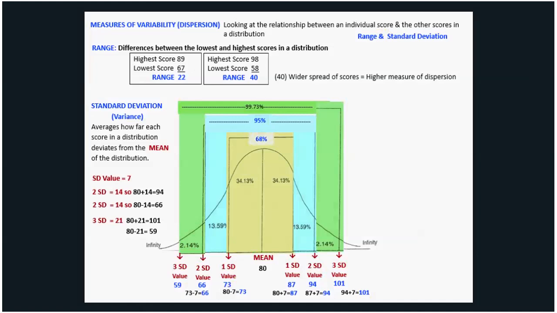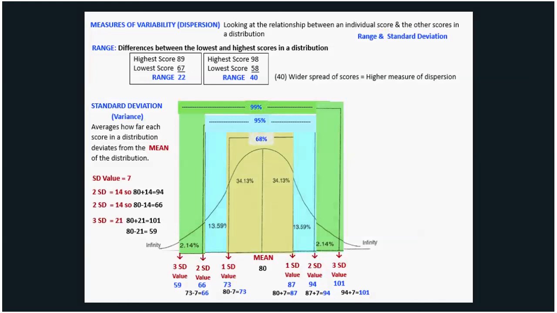So 95% of your scores should fall within 2 standard deviations. That means 95% of your scores should fall between 66 and 94. Then we get up here to 99% should fall within 3 standard deviations, and that's between 59 and 101.